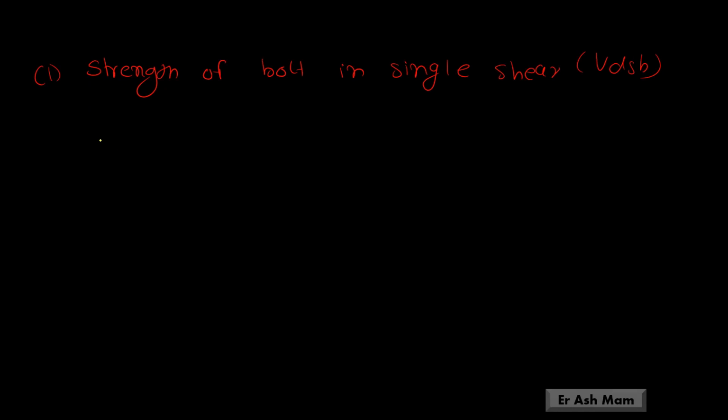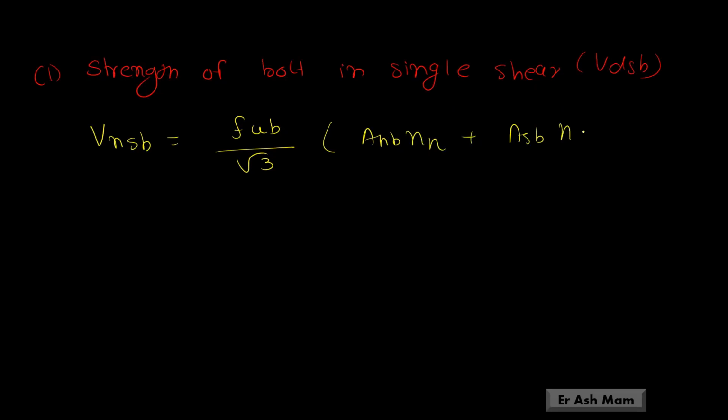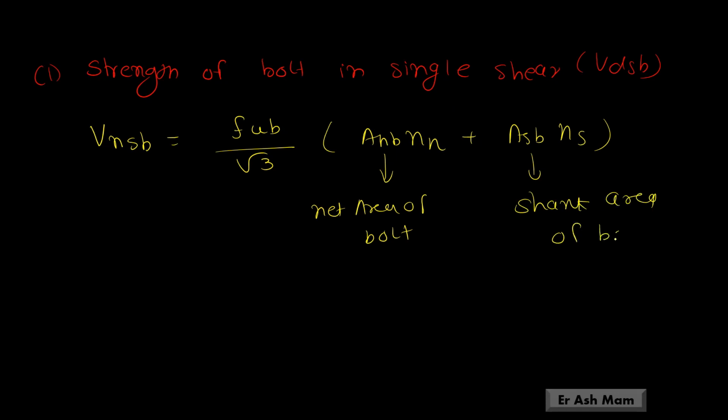We know that the formula is VNSB equal to FUB upon root 3 into (ANB NN plus ASB NS), where ANB is net area of bolt, and ASB is shank area of bolt.